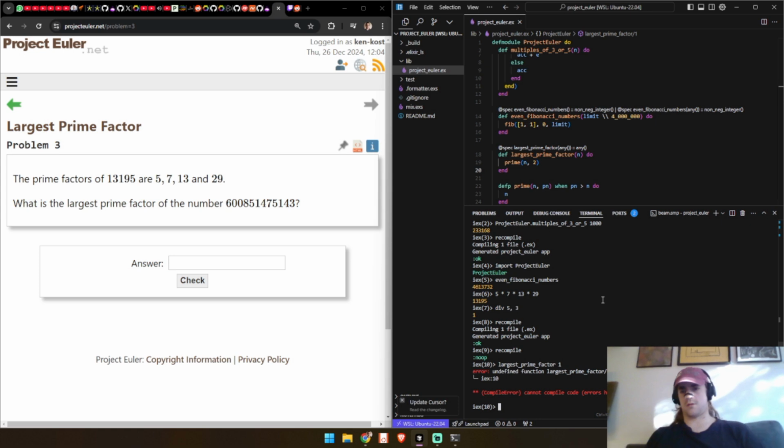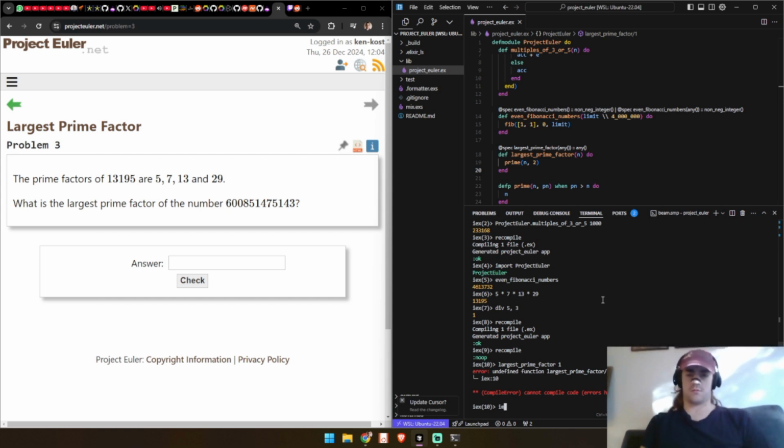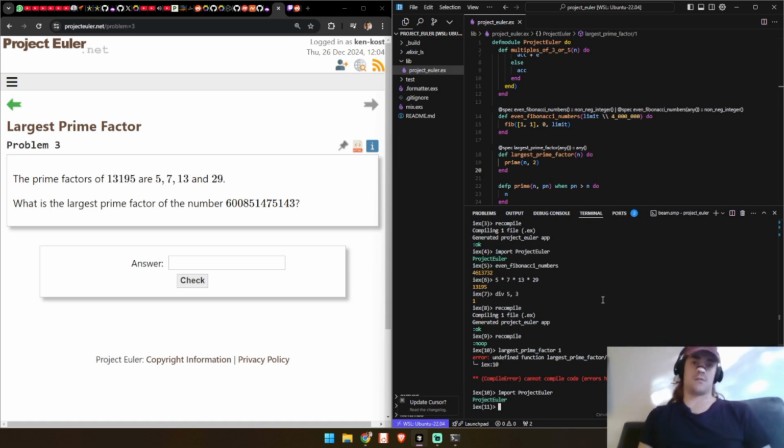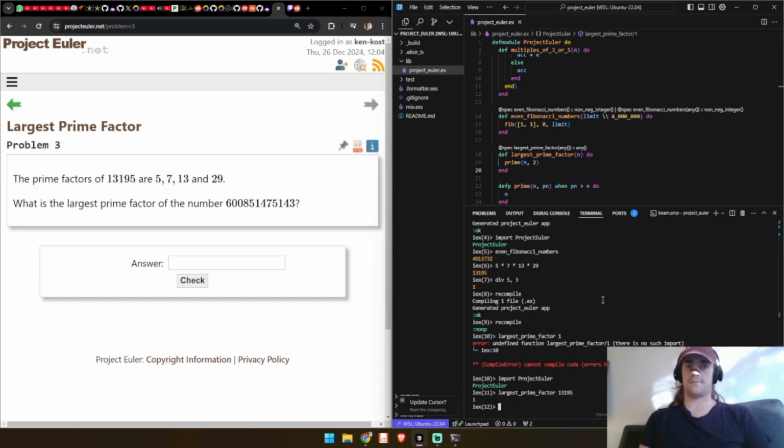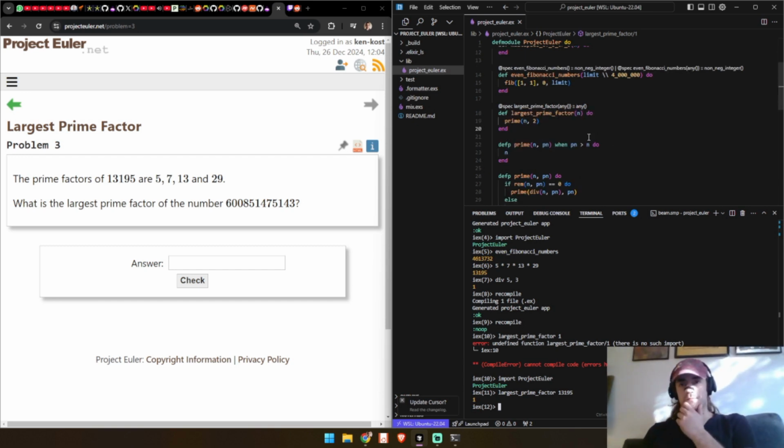Nope, undefined. Interesting. I gotta import again. Alright. Largest prime factor of 13195 is 1. So that's not good.